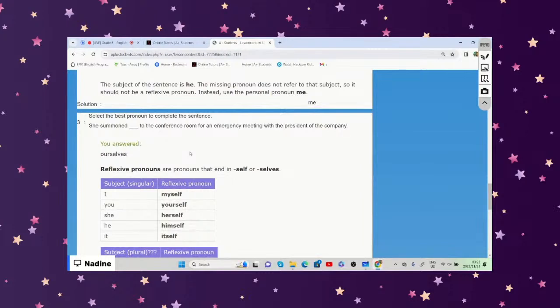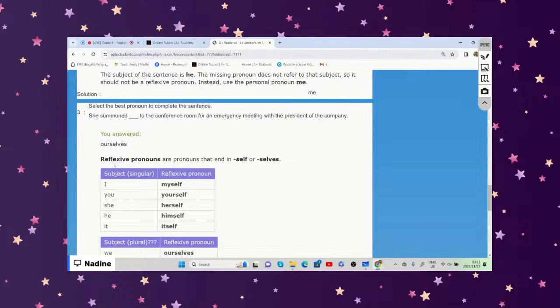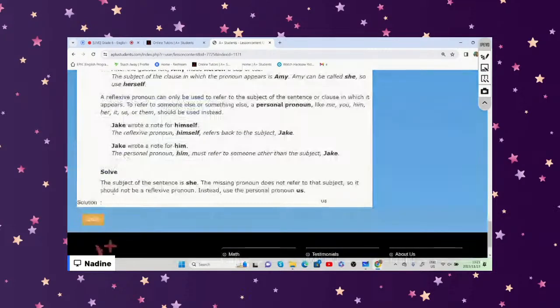"She summoned me to the conference room for an emergency meeting with the president of the company." You can even say she summoned him, she summoned her, she summoned them, because those are all personal pronouns that they are making use of. Right?